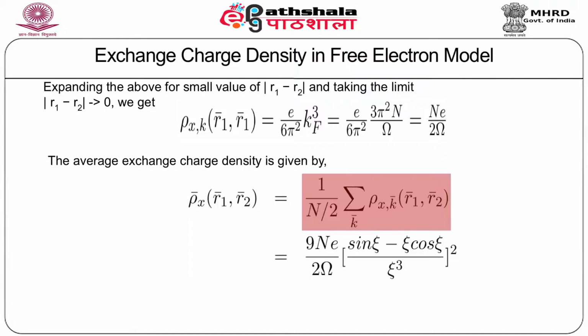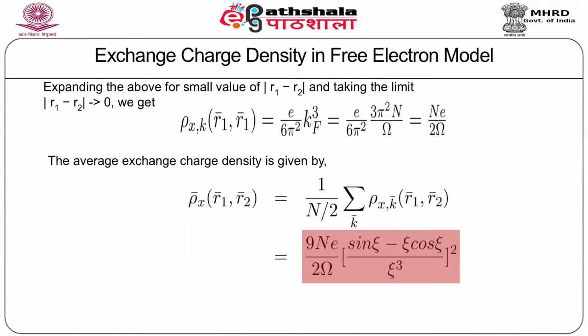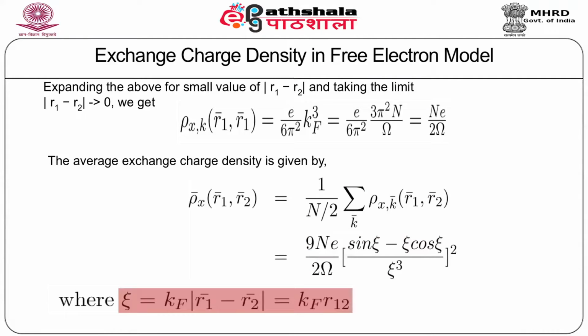This will be given by 1 over N by 2 summation, because we have equal number of up and down spin, summing over k, where the summation goes until kF. This can be written in this following way, where this xi is nothing but kF times modulus R1 minus R2, which we can also write as R12, therefore it's kF times R12.